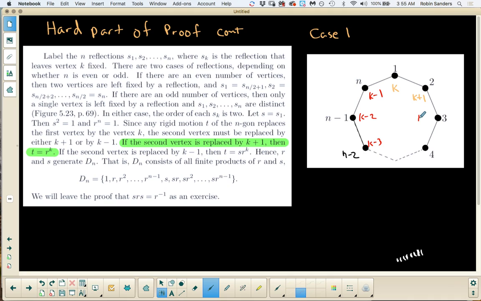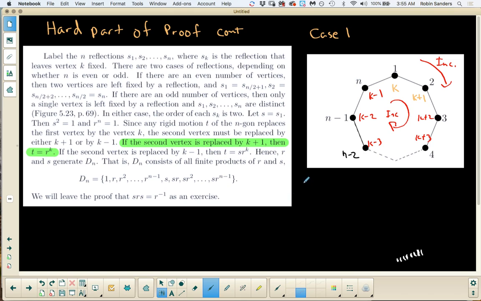And this guy is going to be K plus 2, and this guy is going to be K plus 3. And what I want to notice is that the order of the k's going around on the inside circle, they are increasing in this direction, and they are also increasing in this direction.